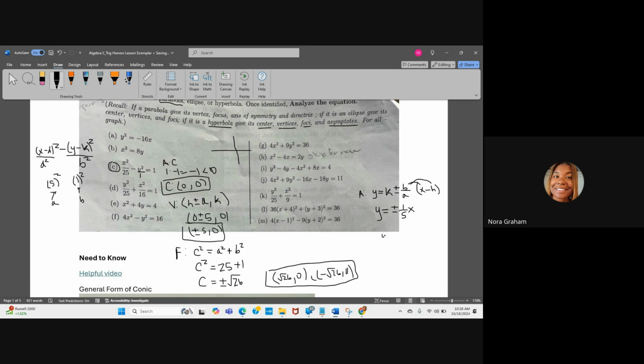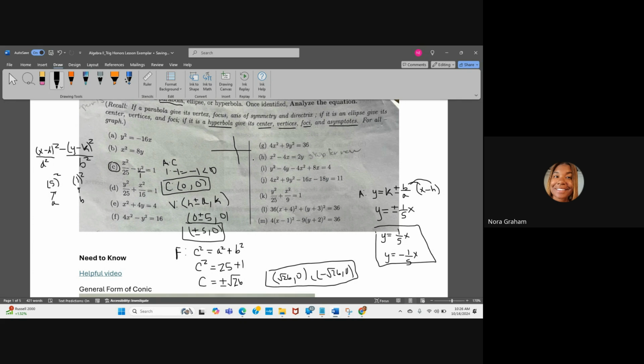One of my lines is going to be y equals 1 over 5x, and we'll graph that on our graph. And the other one is going to be y equals negative 1 over 5x. Okay. So those are our two asymptotes.